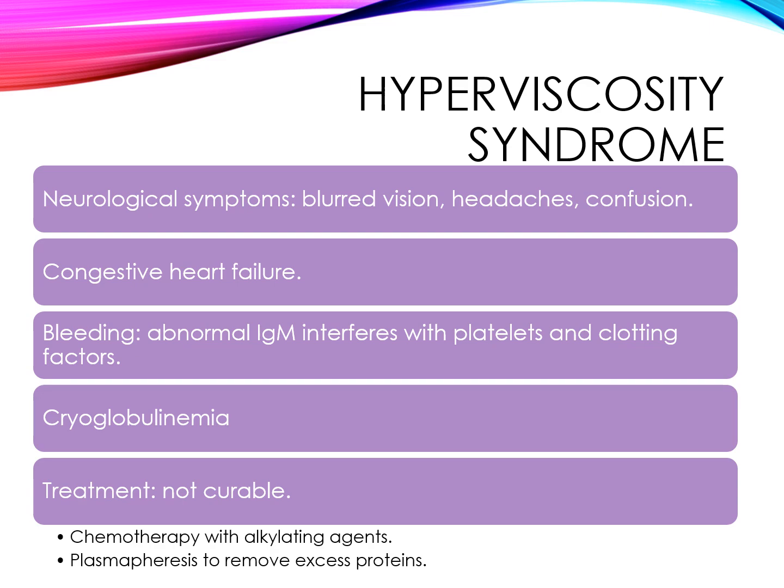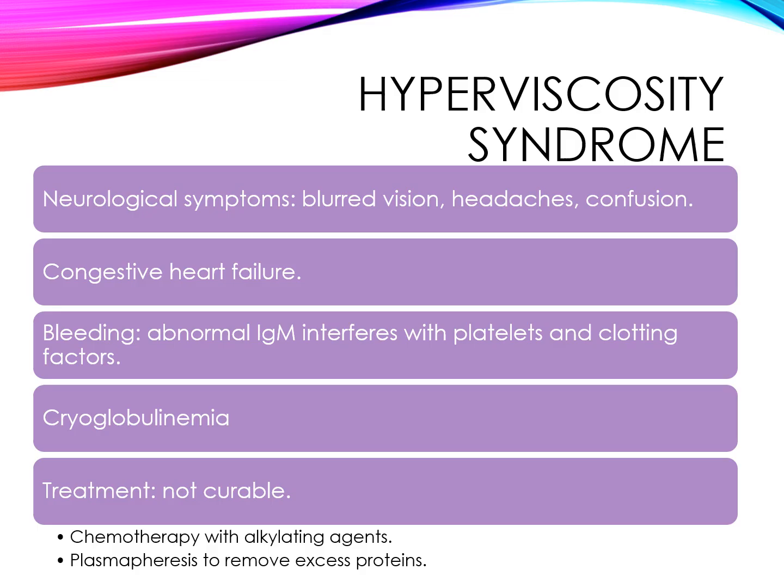Now, the problem with hyperviscosity syndrome is that it can cause your blood to be kind of sluggish. If you think about an excess amount of protein, our red blood cells flow through our microvessels, our capillaries.